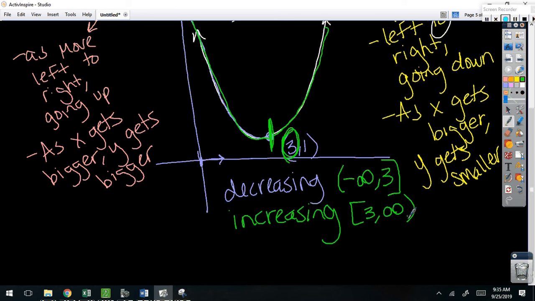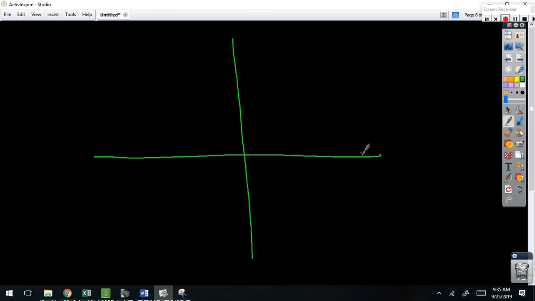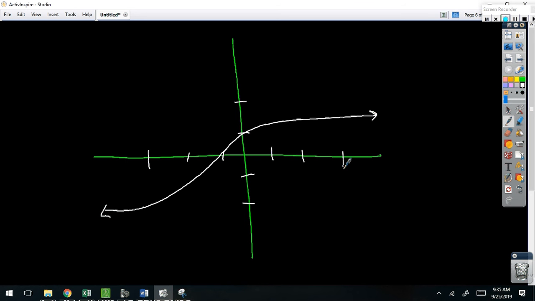Let me show you a couple examples, and you tell me what the function's doing and give me the intervals. What's this function doing?